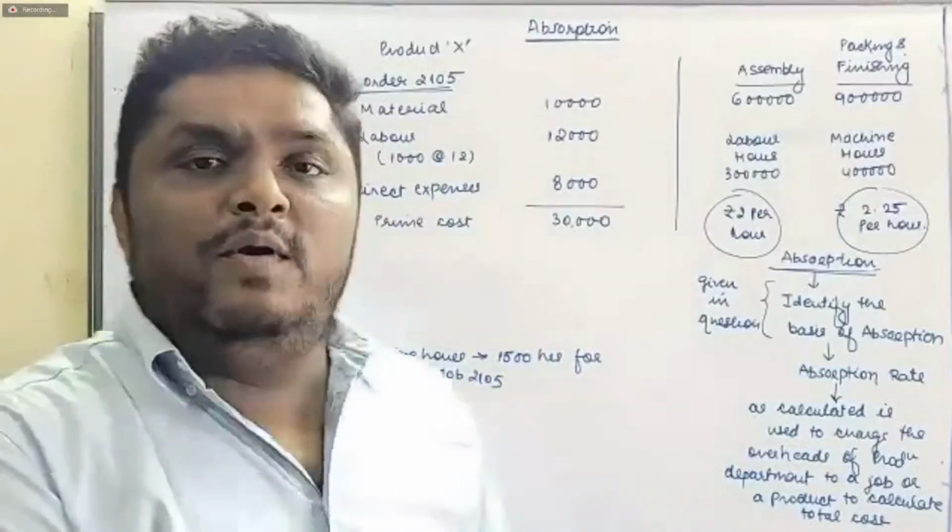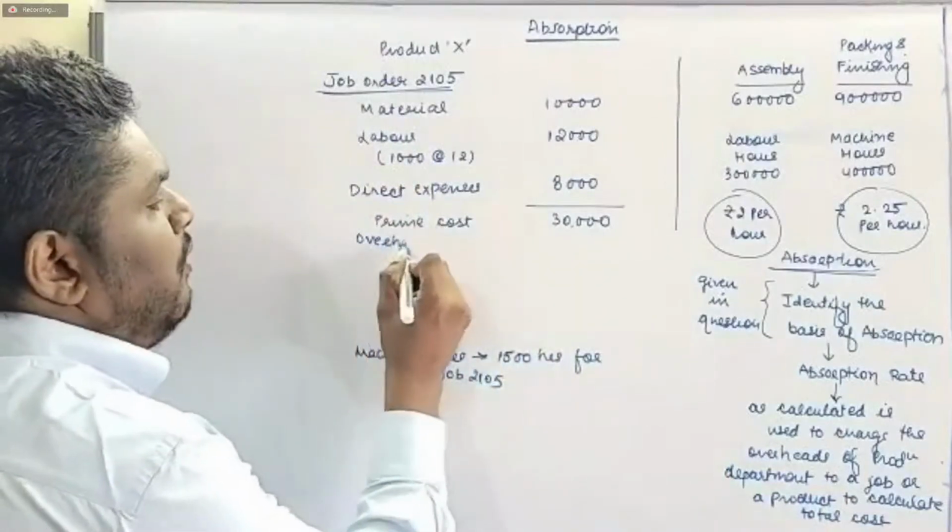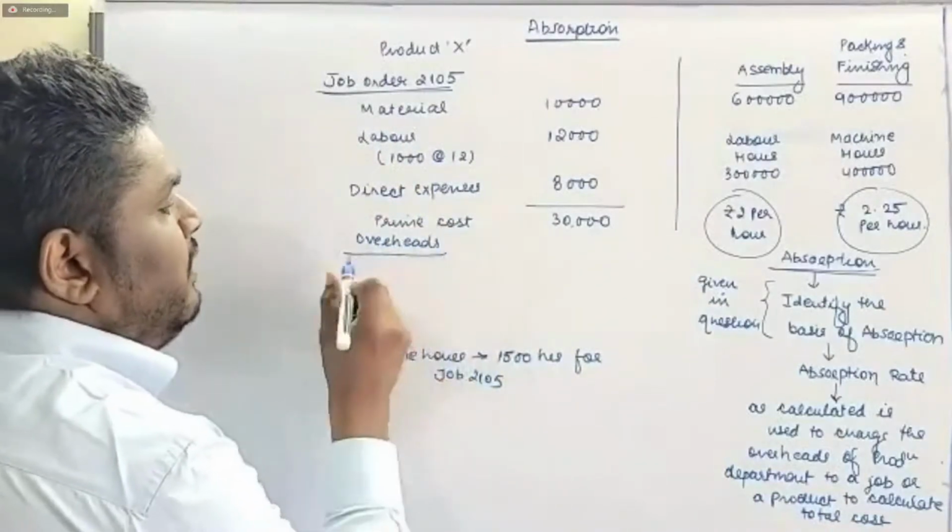Now we have got the prime cost. Now we have to add the overheads. So let's add the overheads.